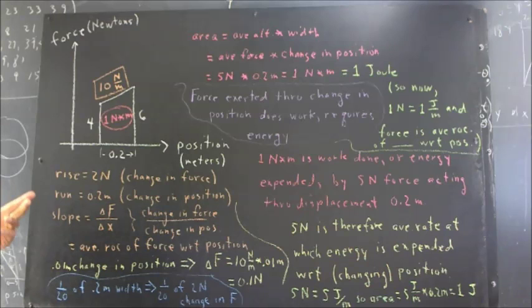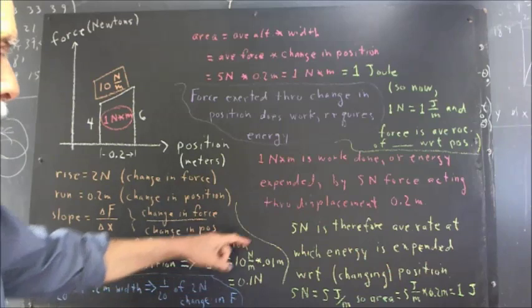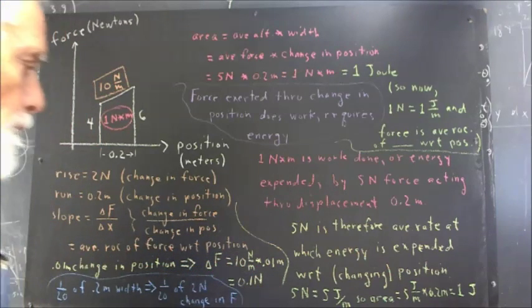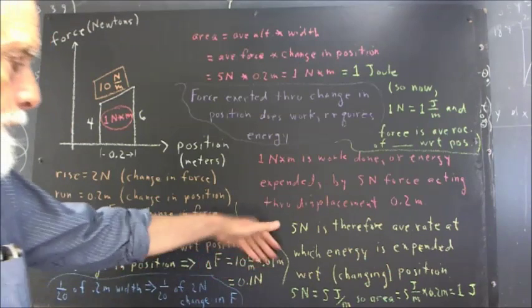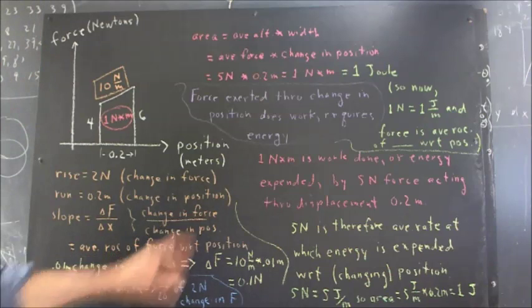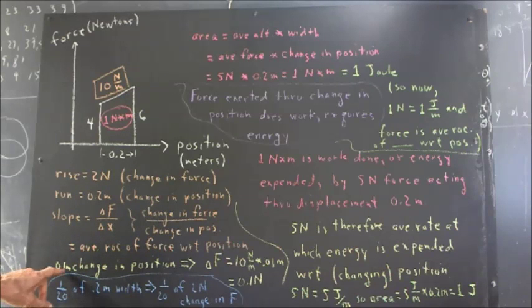Okay, so we reason out the fact that a 0.1 meter change in position then implies a change in force of 10 newtons per meter multiplied by 0.1 meters, or 1 newton. In that calculation, and of course the units work out here in the way that we're hopefully accustomed to, that calculation is consistent with just what we would get using ratios. 0.1 meters is 1/10th of 0.2 meters, so we have 1/10th of this 0.2 meter width.